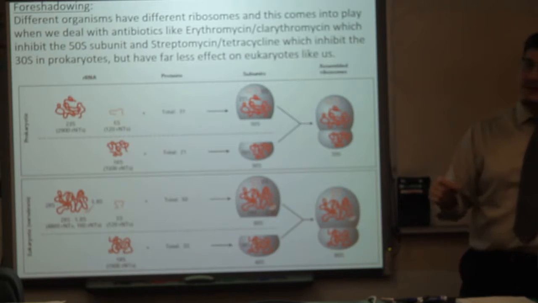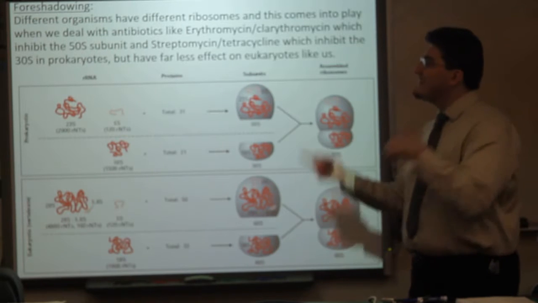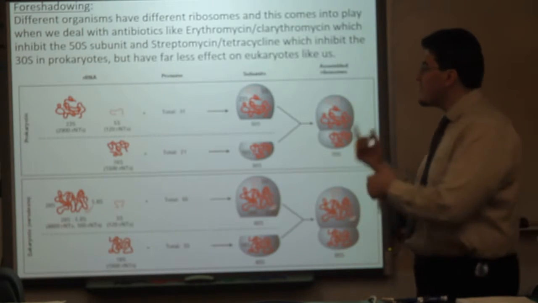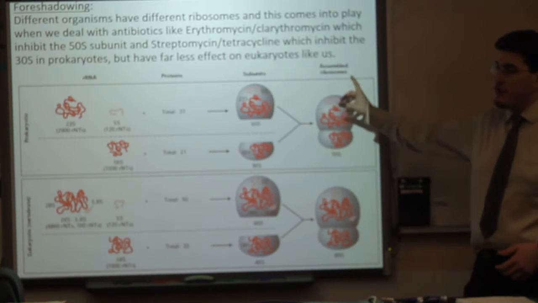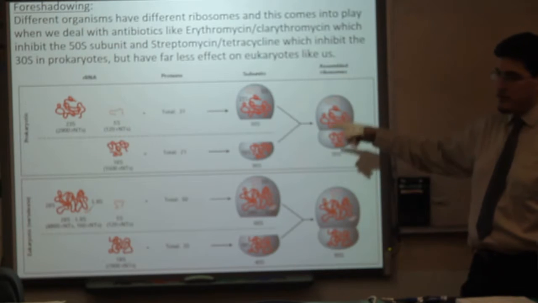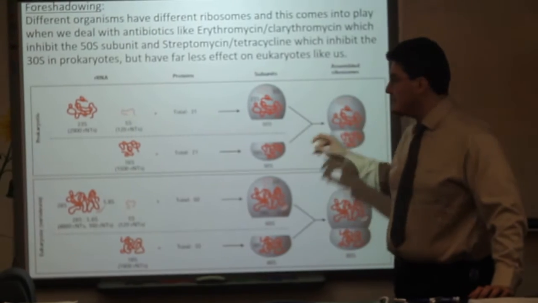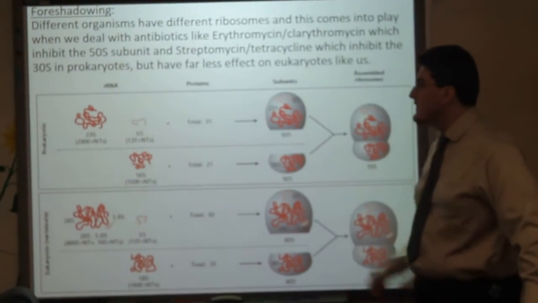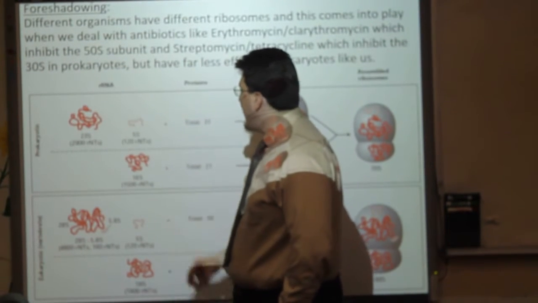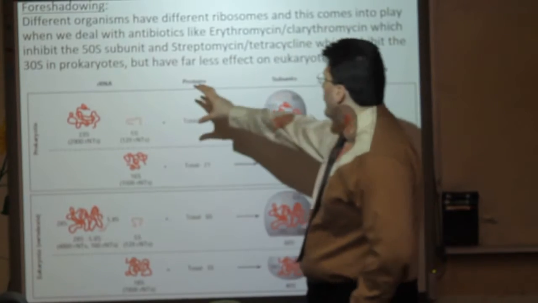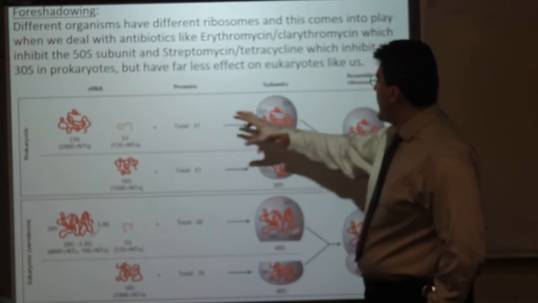They have far less effect on eukaryotes like us, because prokaryotes have 70S ribosomes, which are built of 50S and 30S ribosomal subunits. No, they do not add up to 70. 50 and 30 do not add up to 70. However, this is a measure of density, not a measure of additive size. So you have a 23S rRNA strand and a 5S rRNA strand, which combine into your 50S subunit.